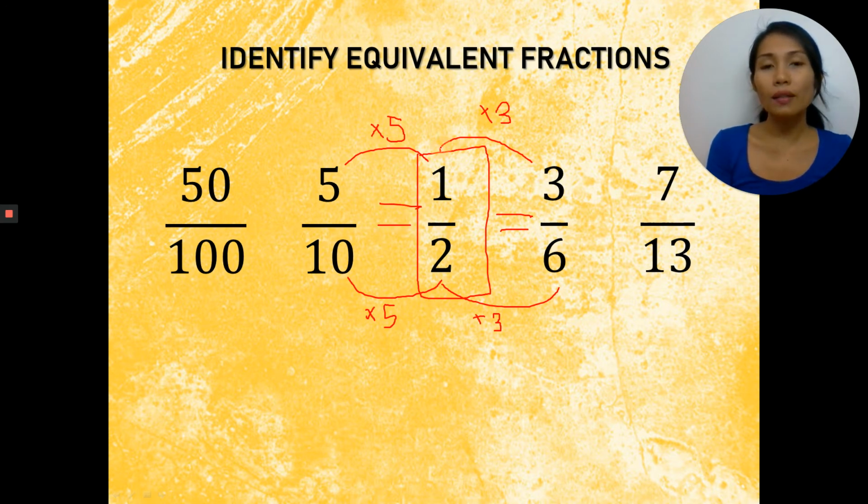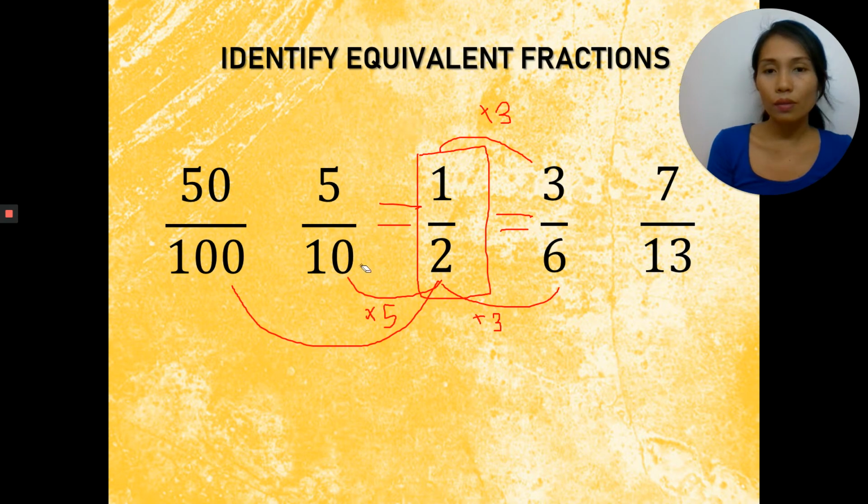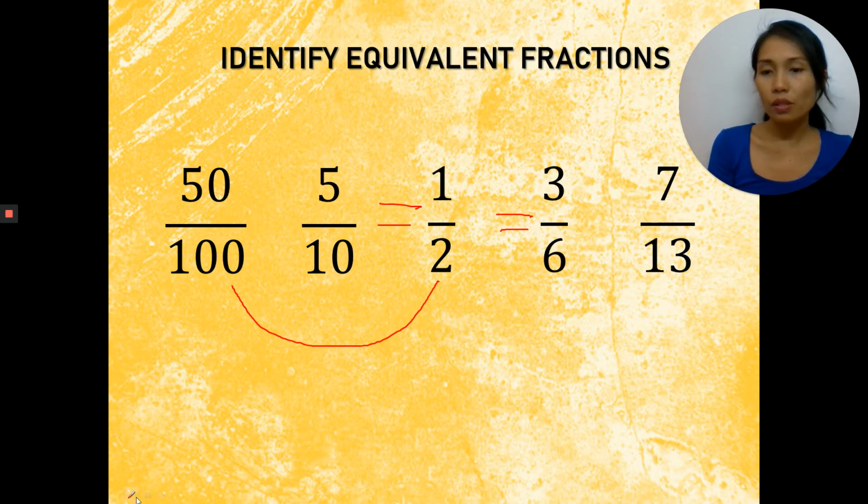Now let's try here, and here. 2 times what equals 100? What factor? 2 times 50 equals 100.